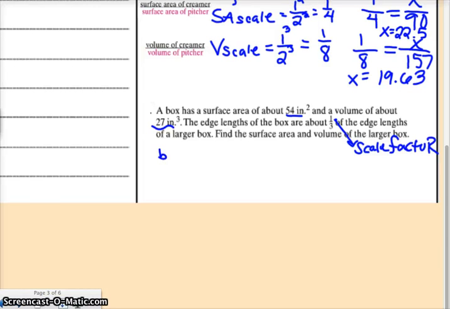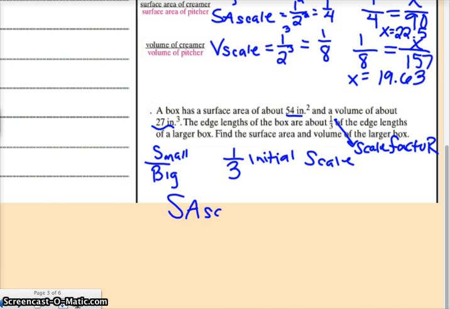So again, we always do smallest to big. Always. Just keep that in the back of your mind. And I have 1/3 as my initial scale factor. So now if I'm finding surface area, I need a surface area scale. According to my rules, my surface area scale is my initial squared.